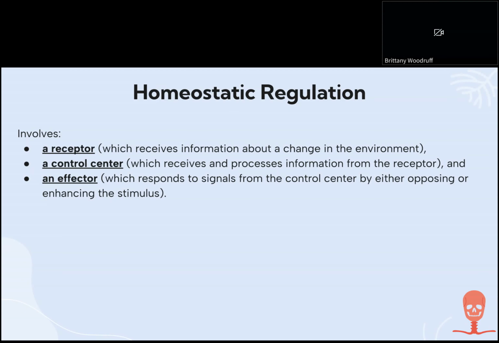A lot of the time, this is your brain. Your brain is taking in that information and deciding what needs to happen next. It is then going to send that signal down to your effector, which is going to respond to the signal. So the effector is going to cause an effect.